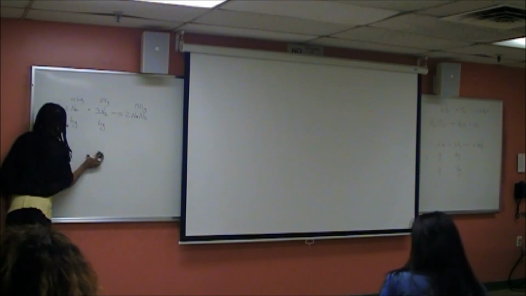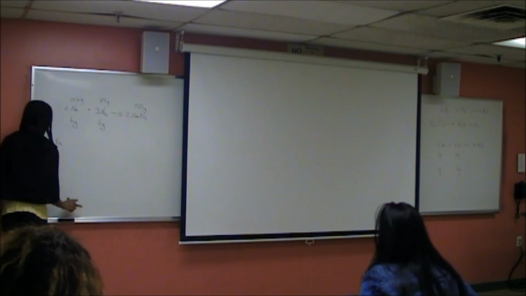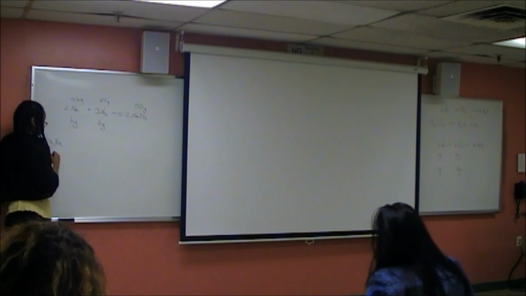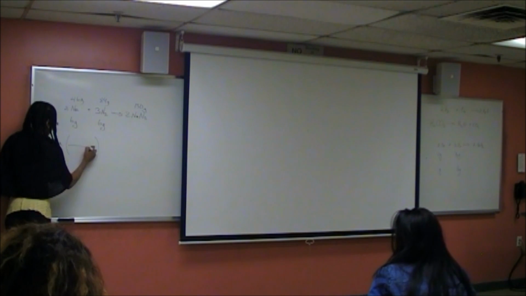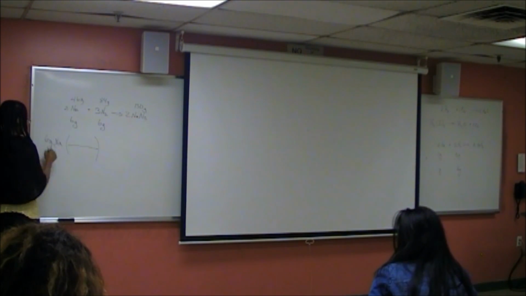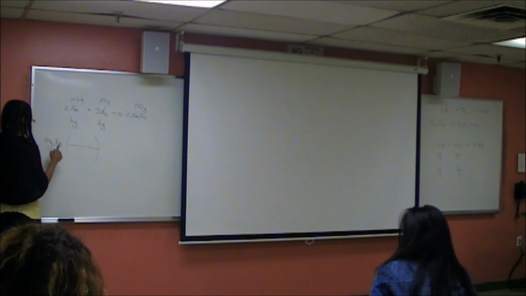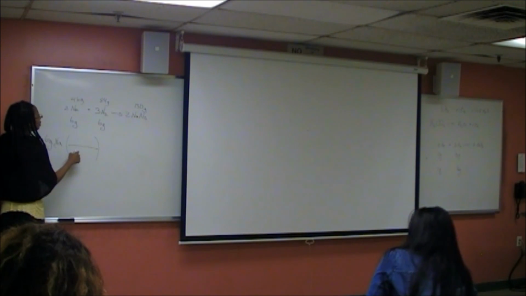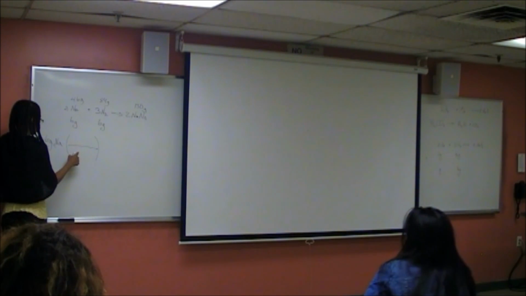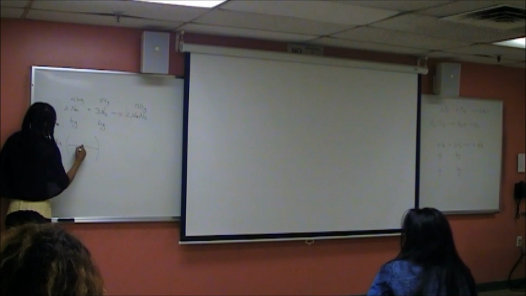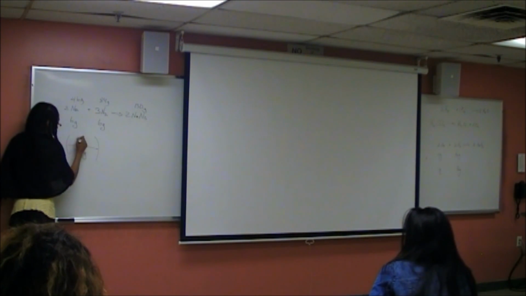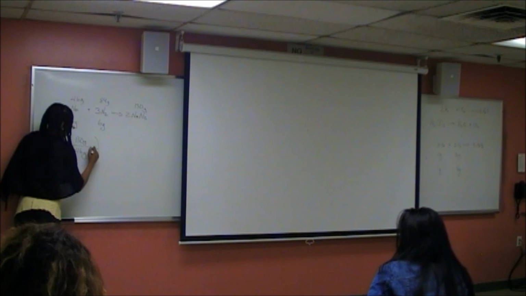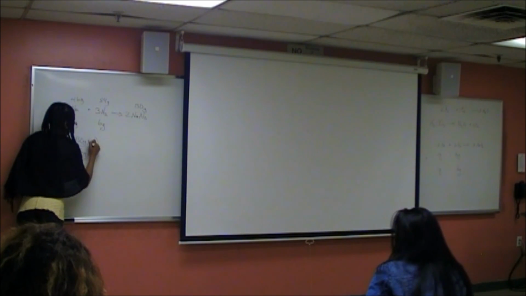So let's do the alternate way. All right? So here, 6 grams of... what goes here? 46 grams up top. 130 grams of your sodium azide.